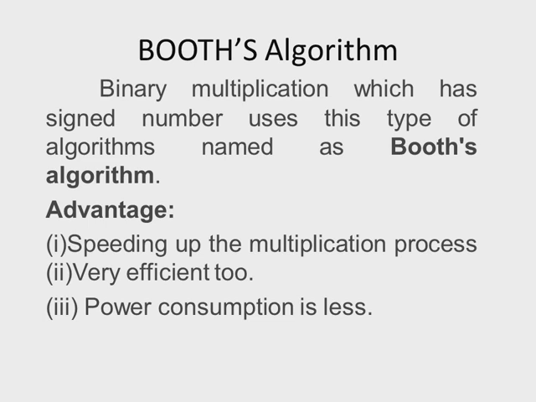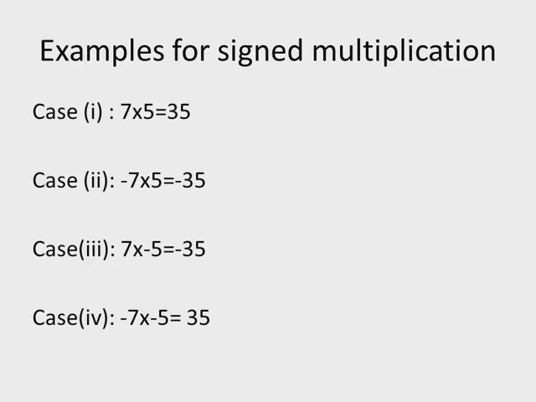The importance of Booth's algorithm is that it speeds up the multiplication process. That is, it reduces the number of partial product terms almost to half compared to the conventional multiplication process. This algorithm is very efficient and it consumes very little power.